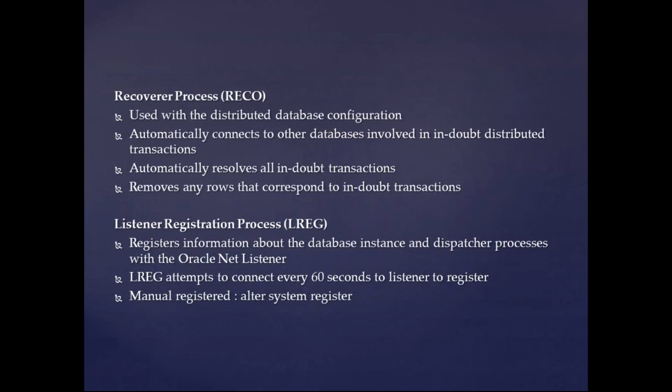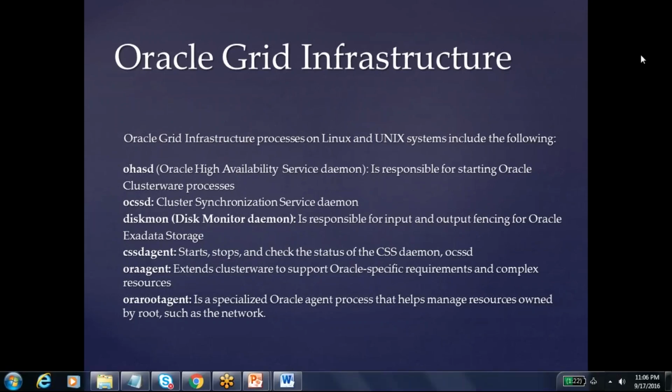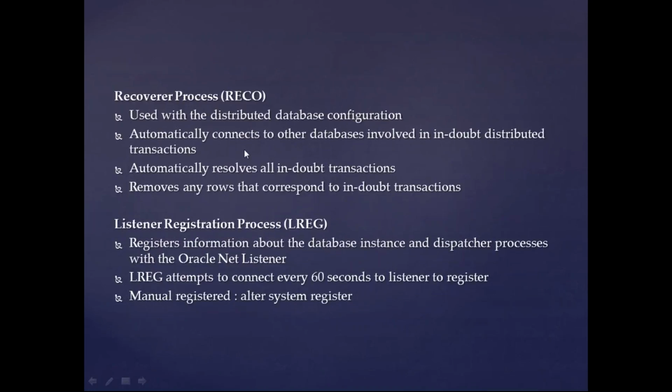Another is the listener registration process. We will study about the listener also in the networking sessions. It registers information about the database instance and dispatcher process with the Oracle Net Listener. The name listener denotes that it is listening. What is it listening to? It is listening to all the connections which are made to the database.